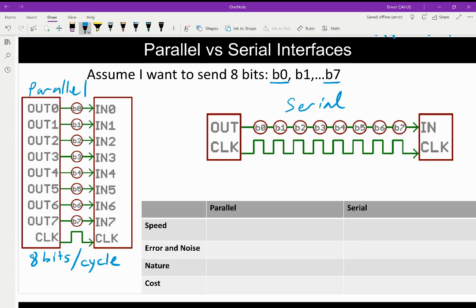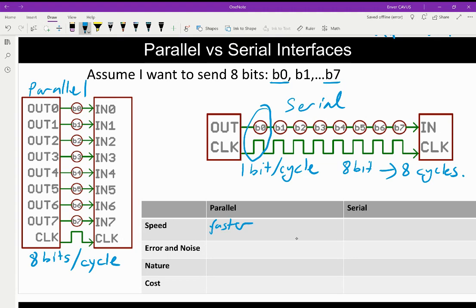But if I send it serially, I will be sending only 1 bit per cycle. So in total, to transmit 8 bits, I will be using 8 cycles. If I compare them in terms of speed, the parallel interface is faster.